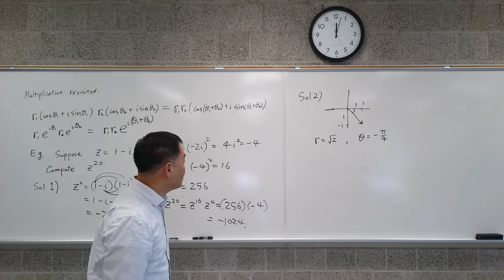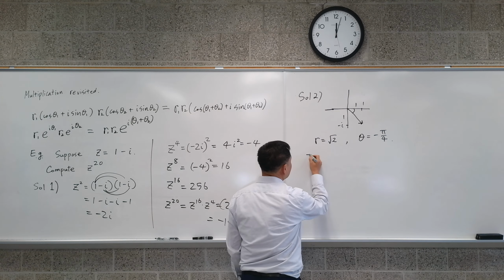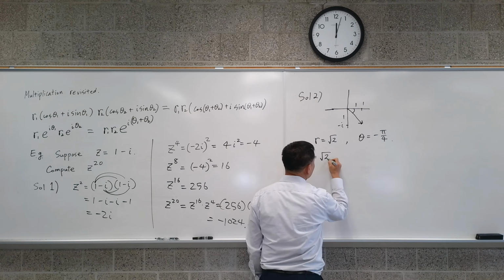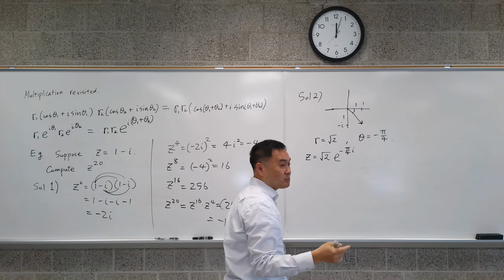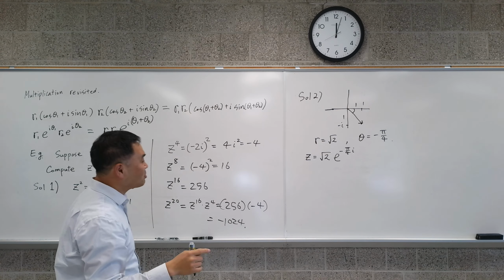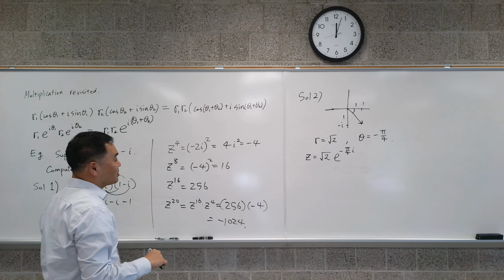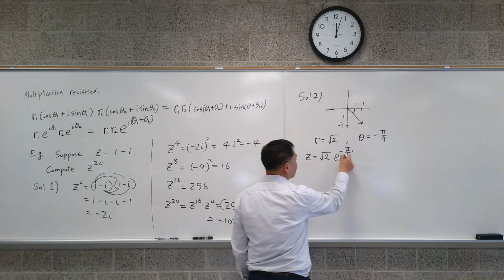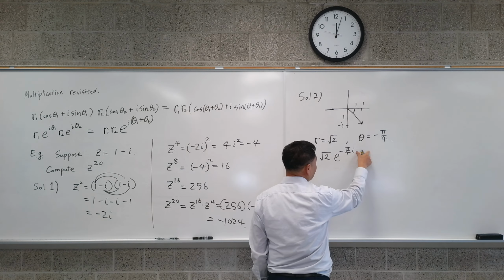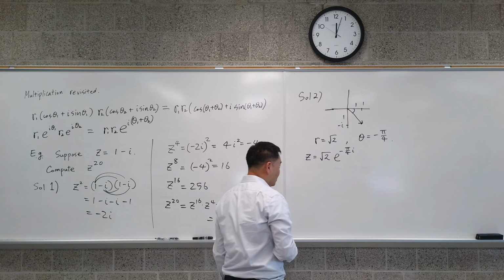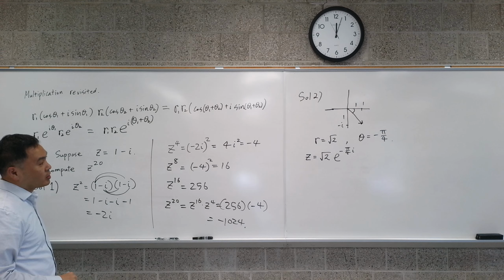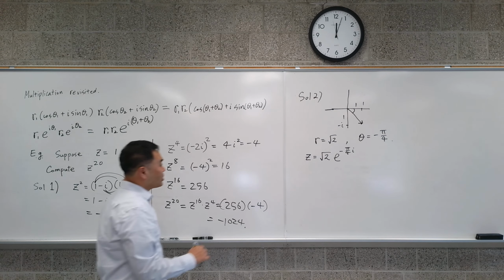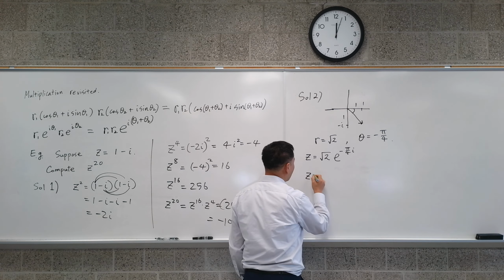That means z can be written as square root of 2 times e to the negative pi over 4 i. Sometimes it's easier to put the i later. Usually constants you put before i; if it's some function, then you put it after i. So now we take the 10th power, or 20th power.